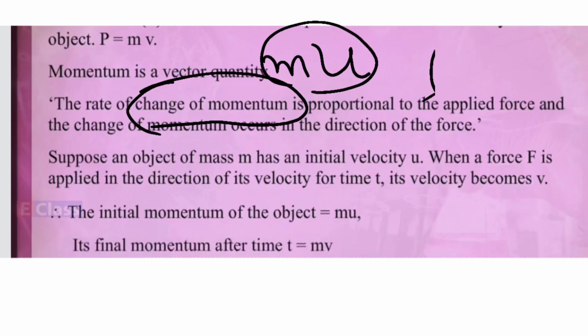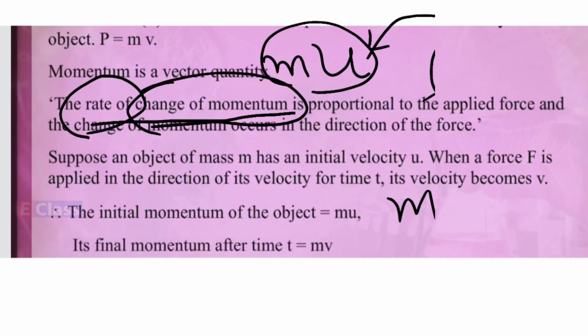Now they say change in the momentum. Change in the momentum means final minus initial. That means mv minus mu. Correct? Now they say rate of change of momentum. Whenever the word rate comes, what do we do? Yes, we divide by time.